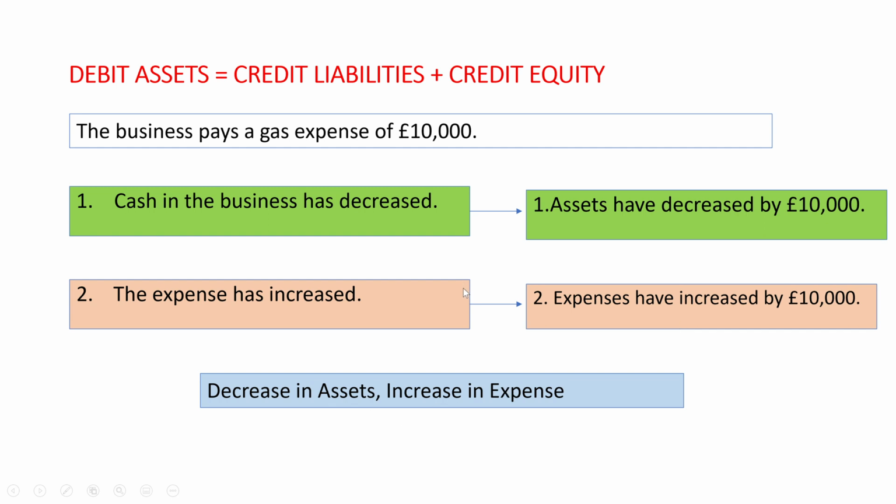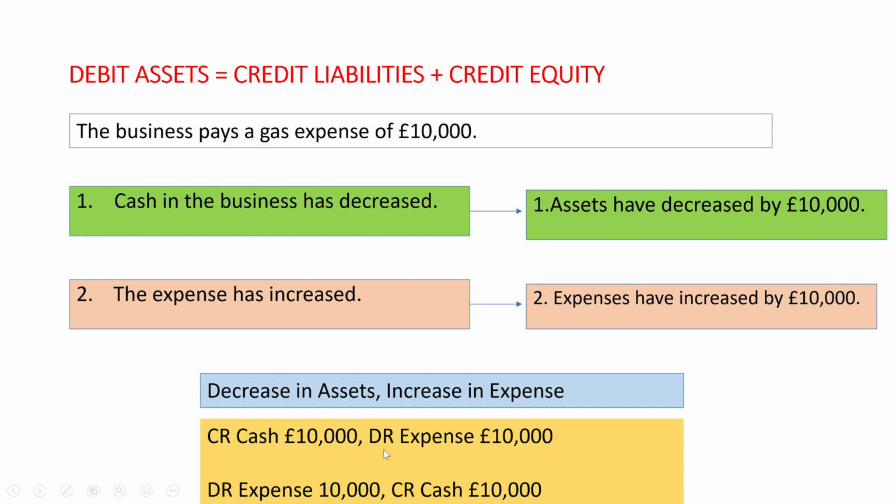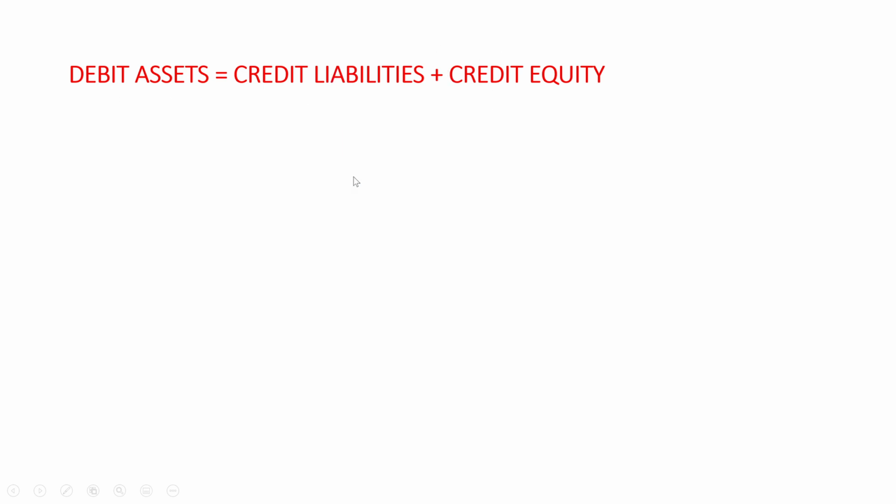What double entries do we put through? Well, decrease in assets is the same as credit assets. Increase in expense is the same as debit expense. So we have credit cash 10,000, debit expense 10,000. And I've put my formula up at the top to help you remember.